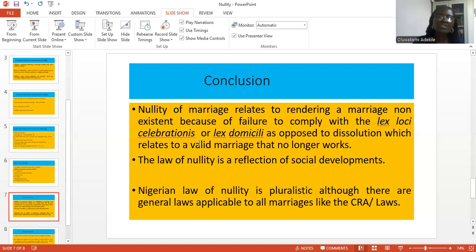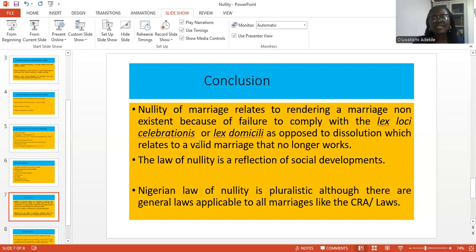As opposed to, for instance, dissolution of marriage, where the marriage is good and valid, but it has broken down, and so you get a divorce. So nullity is completely different from dissolution. In dissolution of marriage, the marriage is valid and remains valid, but because the parties have problems and issues, they apply for a divorce, and they go their separate ways.